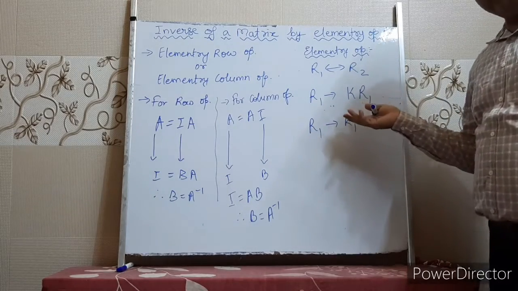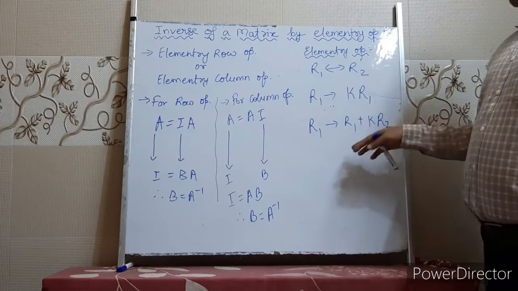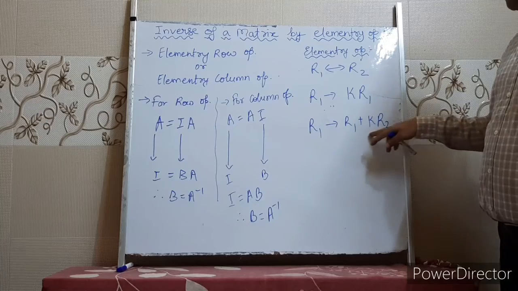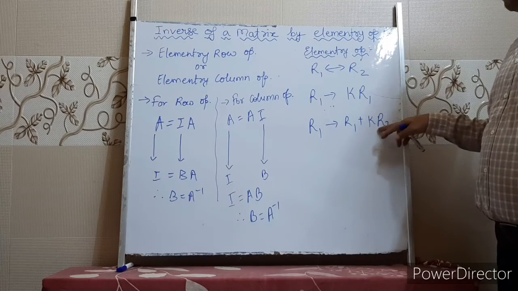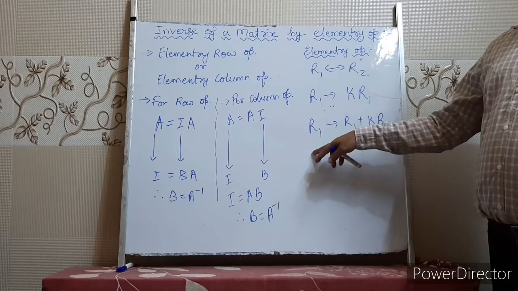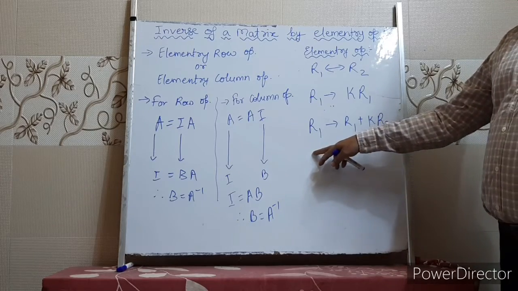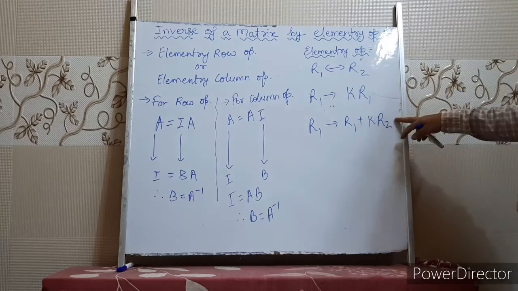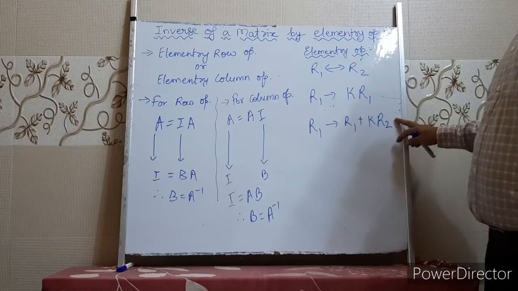That again will not affect the result of the matrix. And the last elementary operation is that we can multiply any row by a scalar and then add it to another row. That will again not affect the result of the matrix. So these three are the basic elementary operations that we are going to use for finding the inverse.